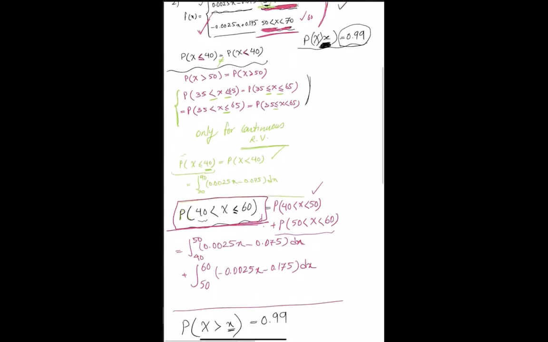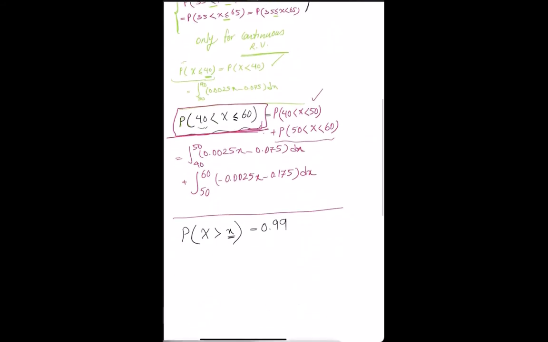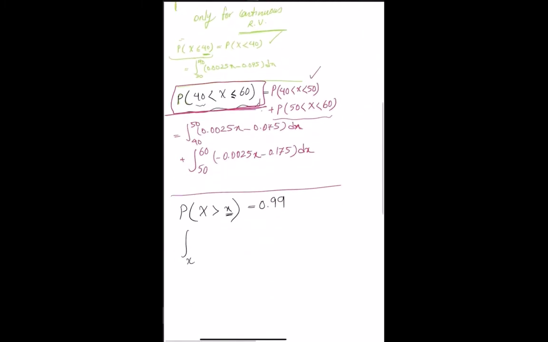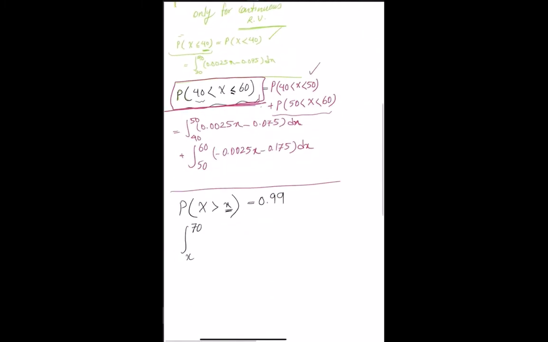So what I'm going to do here is to basically say that this is the probability of going from x to the upper bound. And the upper bound for this random variable is 70, right? So this random variable goes from 30 to 50 and then 50 to 70. So the upper bound for this random variable is 70. And I want this probability, the integral of the density function, to be 0.99.